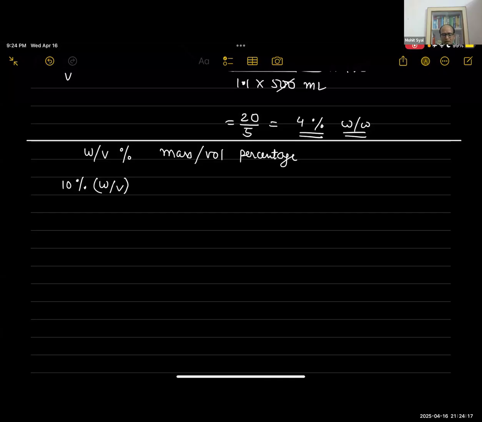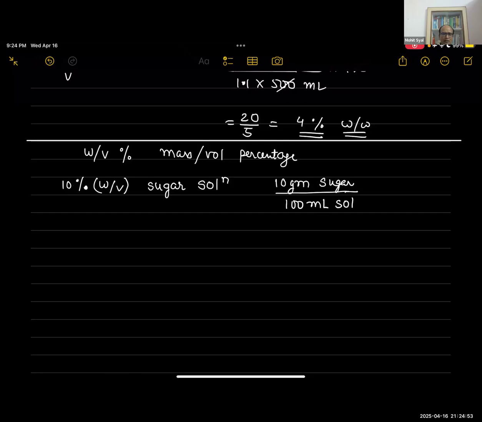So 10% mass by volume percentage of sugar solution, in layman language, means 10 grams sugar is present in 100 ml of solution. Total solution 100 ml, and out of it 10 grams is actually put in.